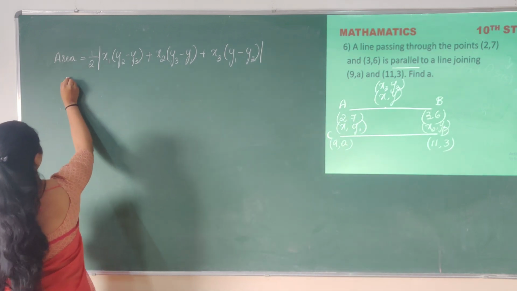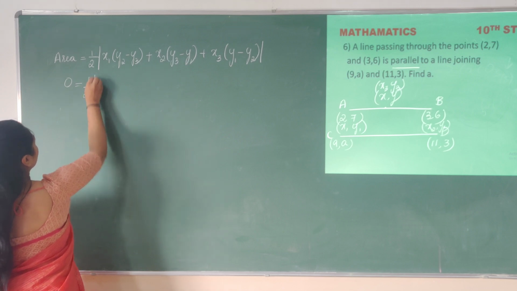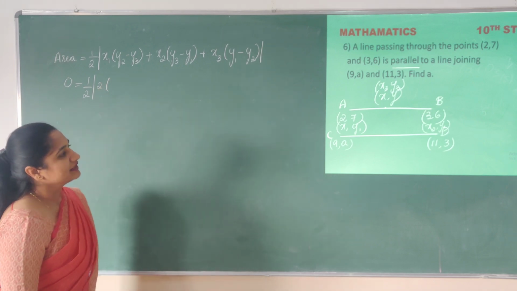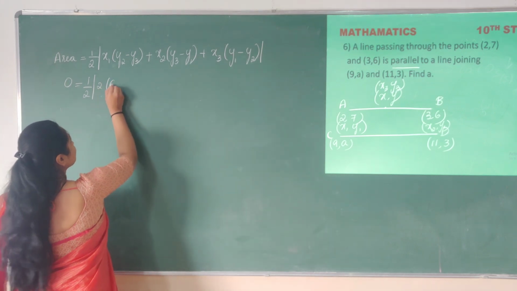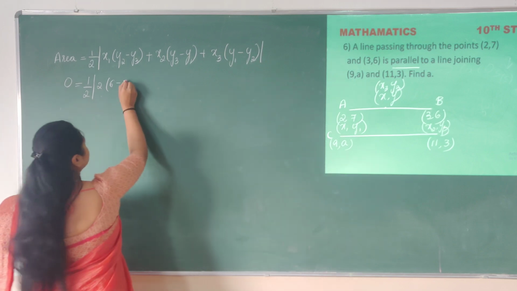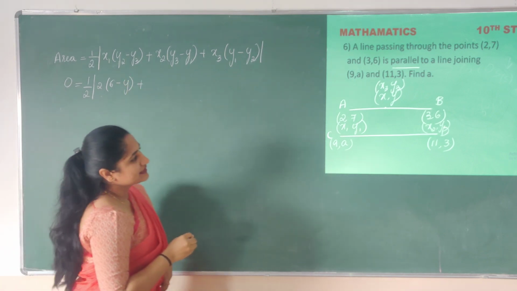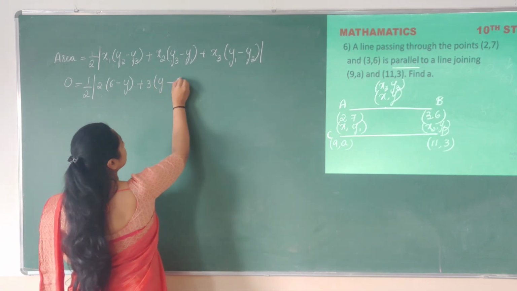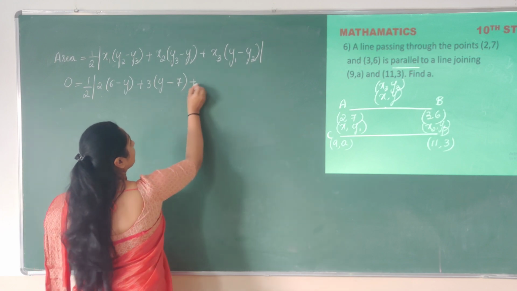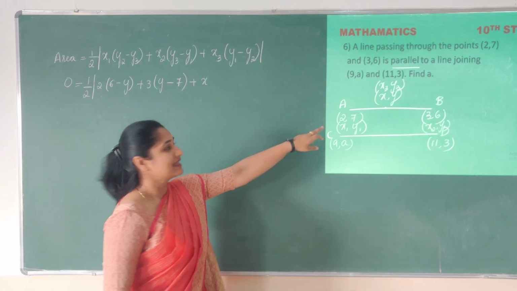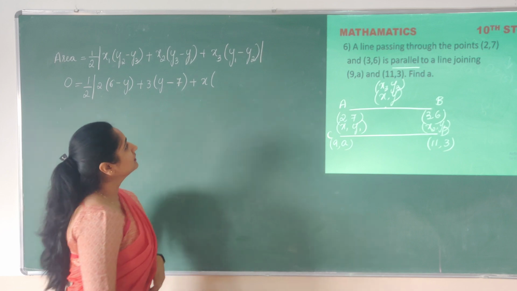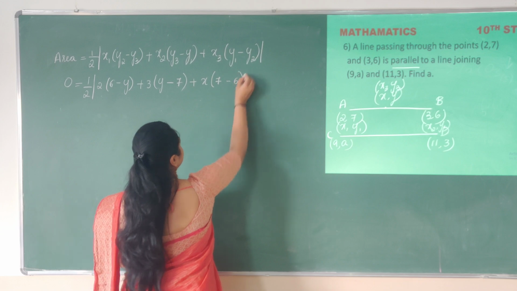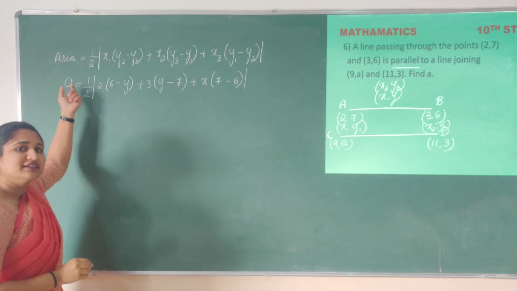So we'll take the area as 0, which is equal to half into modulus of x1, that is 2, of y2 minus y3. y2 is 6, so it is 6 minus y, plus x2 is 3 of y3, which is y, minus 7, plus x3, we have taken it as x, of y1 minus y2, that is 7 minus 6. We'll send the half to the other side, which becomes 0.